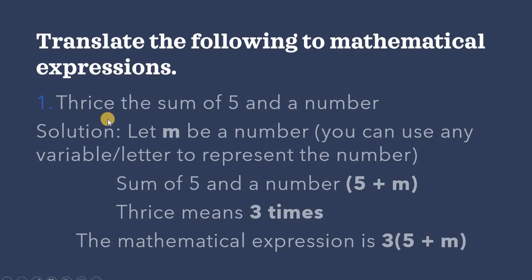The statement says thrice the sum of 5 and a number, so what is directly connected is the sum of 5 and a number. That is why they are in parentheses. When we read a mathematical expression or equation with parentheses, we add the word quantity, meaning the things inside go together. So, the answer is 3 times the quantity of 5 plus M.